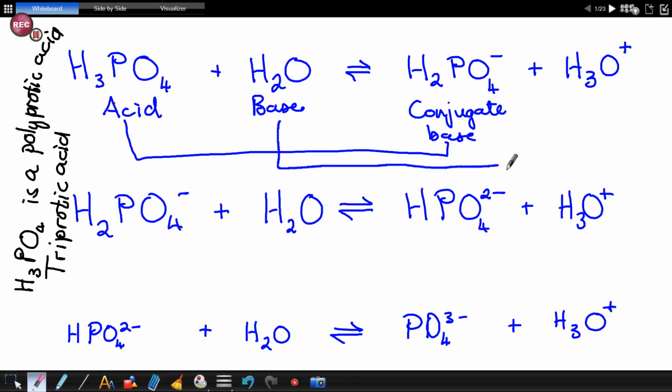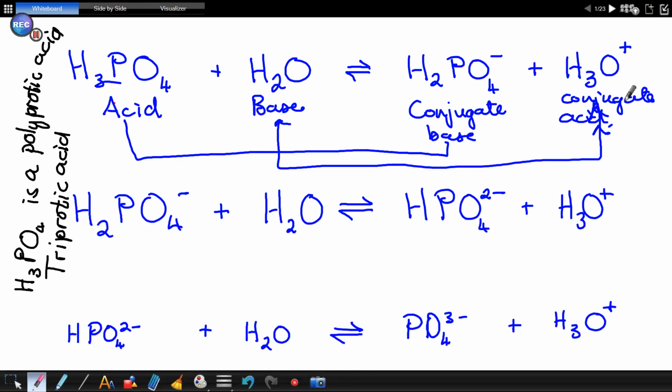Going that way, it makes the conjugate acid. So this is another conjugate acid-base pair. In the reverse reaction, H3PO4 will be the acid, and the H2PO4 negative will be the base, but it is formed from this acid. This is the base, that is the conjugate acid.